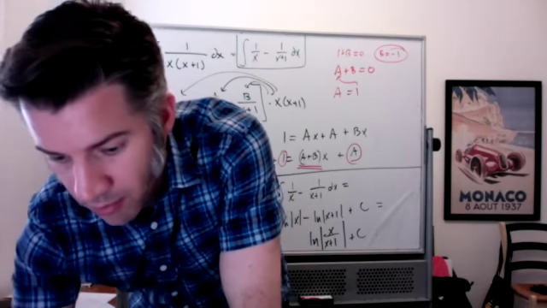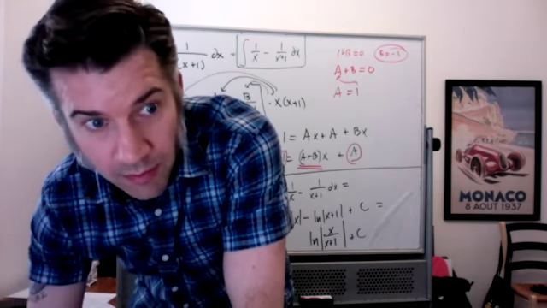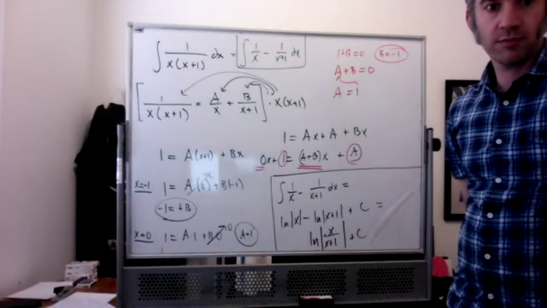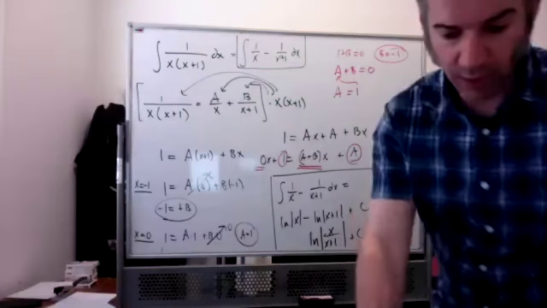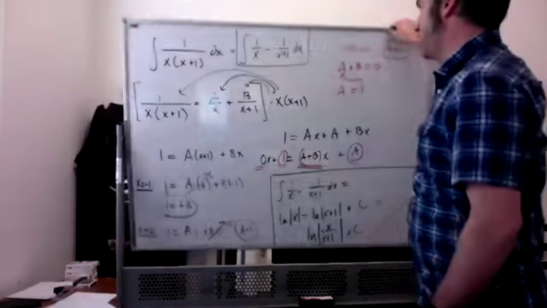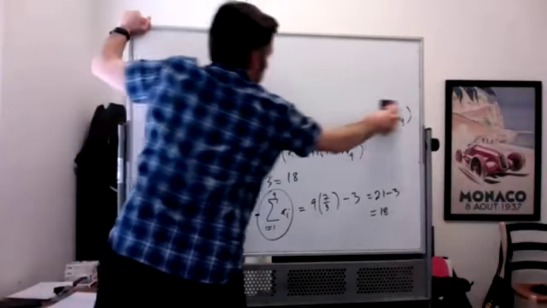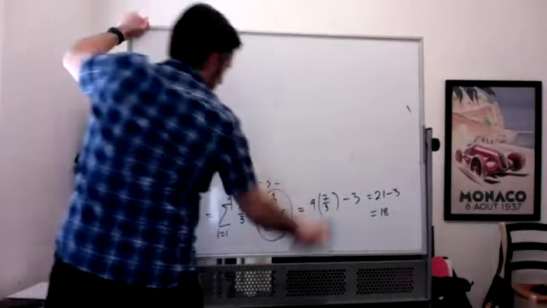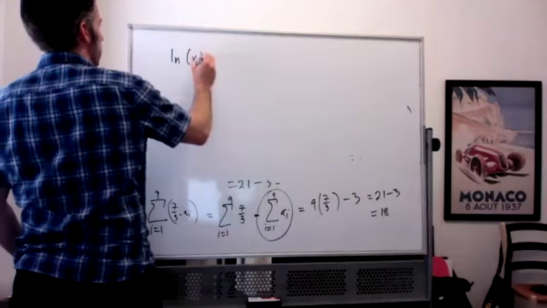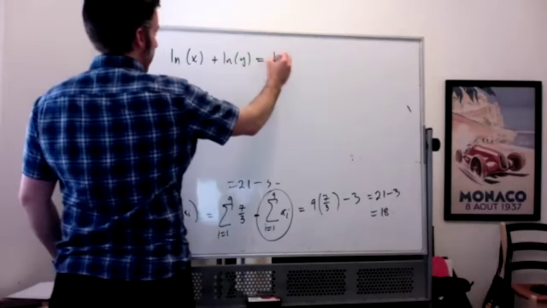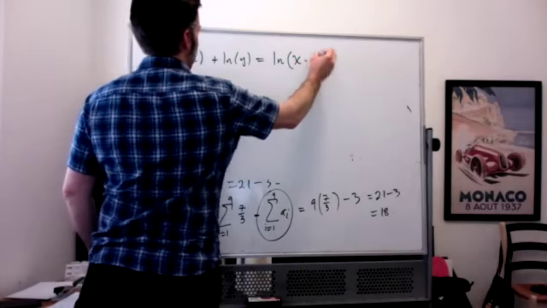I had a quick question about the problem that we just did. So at the end, how is it possible to combine the two lns together? So there's this rule about logarithms that in general, doesn't matter what the base is, if you have the natural log of x plus the natural log of y, as long as the bases are the same, that's the natural log of x times y.